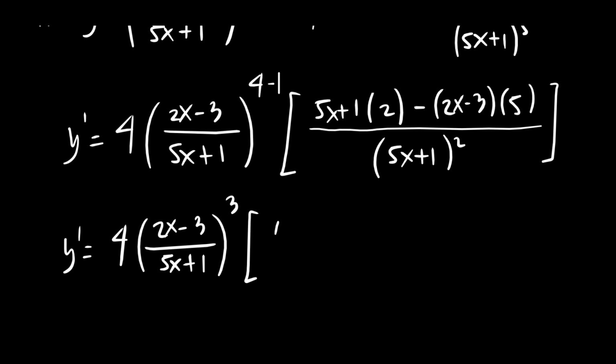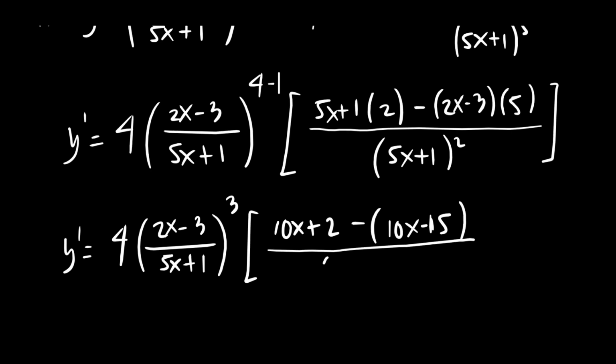So we have 10x plus 2 minus 10x minus 15 all over 5x plus 1 squared.